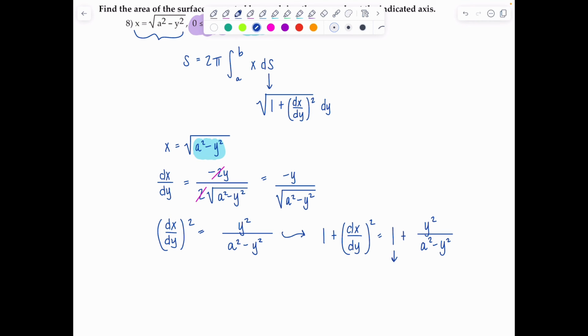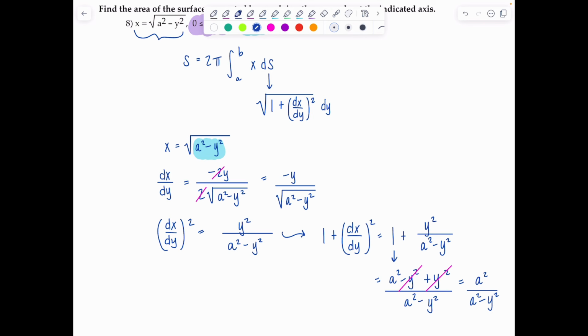If I get a common denominator, this becomes a squared minus y squared plus y squared over a squared minus y squared. You see how these y squareds cancel out so beautifully? I love it. So then this is just a squared over a squared minus y squared.